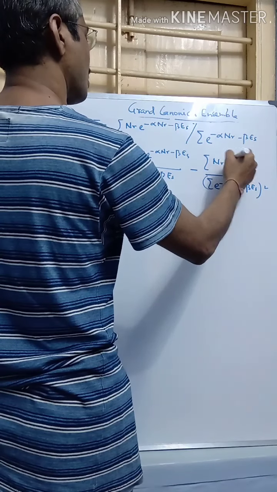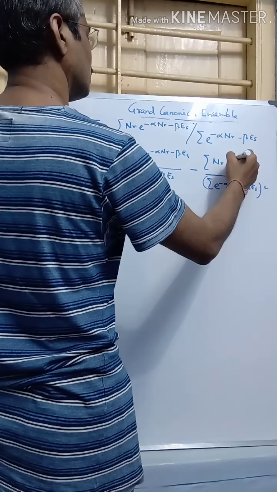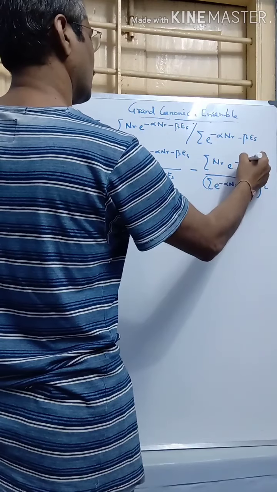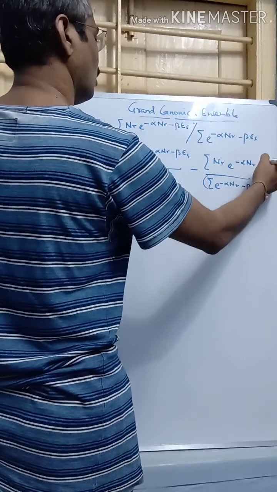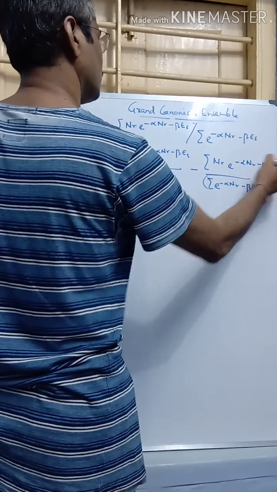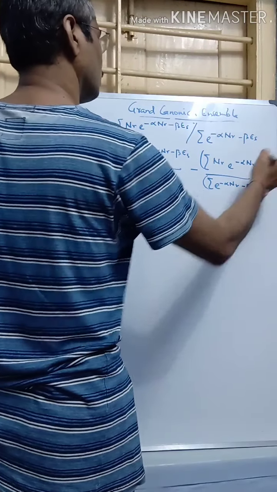Then there is the derivative of this, which gives us again N_r e to the power minus alpha N_r, with the same term in the numerator, so this would be squared.